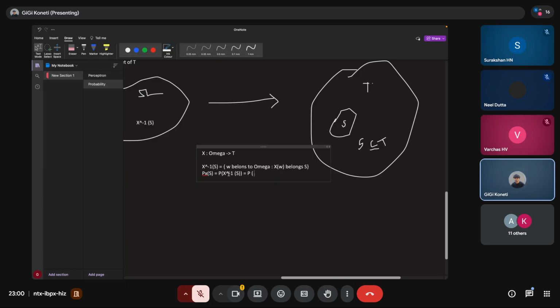Probability of w which belongs to omega, such that x of that specific omega, omega बोल रहा हूँ w, belongs to S. Right. So अभी तक क्लियर होना चाहिए.